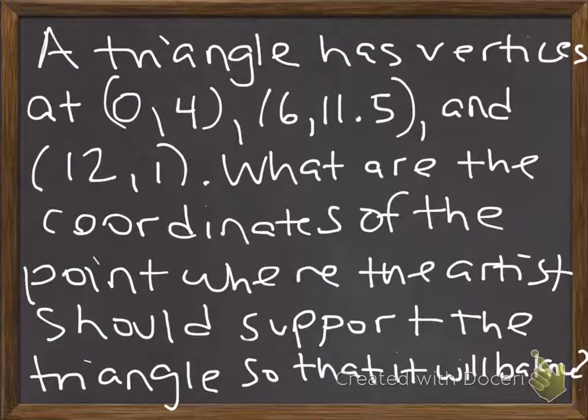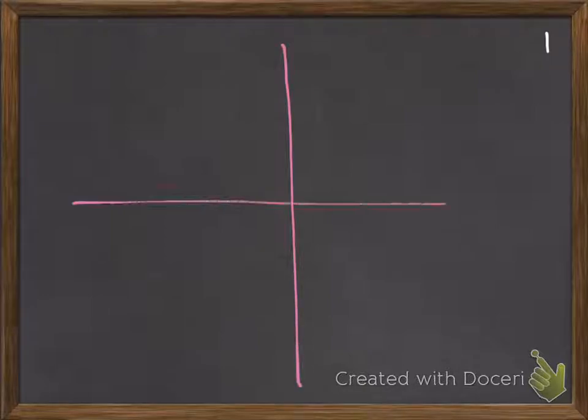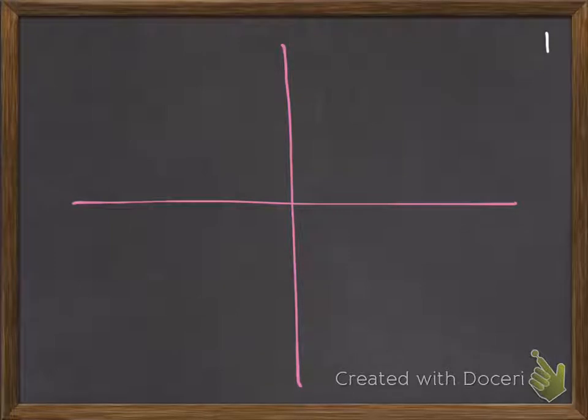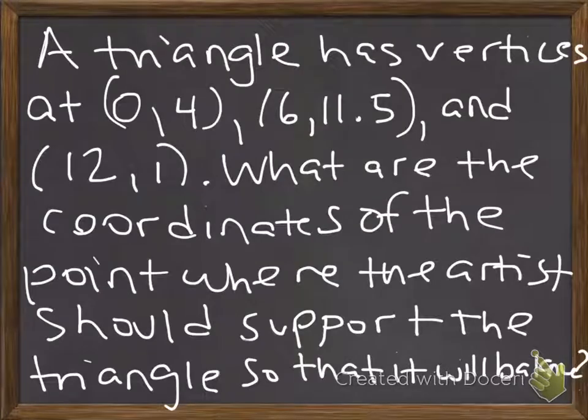I cannot make my graph paper because if it's graph paper, I have to start in the very beginning with graph paper. So I'm just going to do this without graph paper, but I would graph it first. So the points here of the triangle are 0, 4, and 6, 11.5.